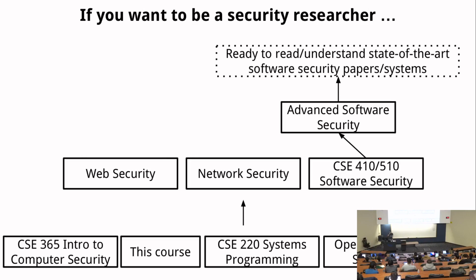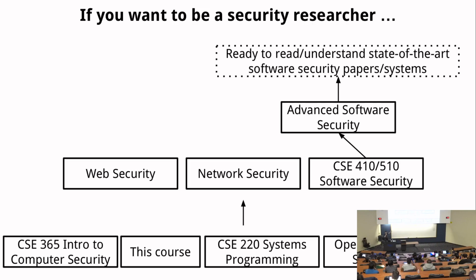So I always have a picture like this for my classes to show you where this course is in a bigger picture if you want to be a security person or security researcher. In our department, we offer 365, Introduction to Cybersecurity, and this course has a lot of overlap with it, like I said.